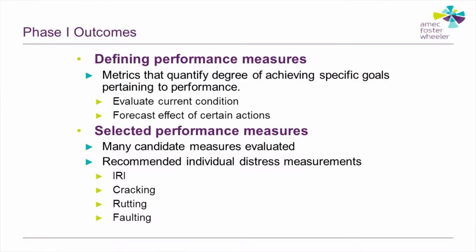Now, to make a long story short, the performance measures that were recommended in the study are summarized here at the bottom: IRI, cracking, faulting, and rutting. There were a number of reasons why. For one, for example, they are the drivers for maintenance decisions. Another important reason is that the data are available to work with those performance measures.